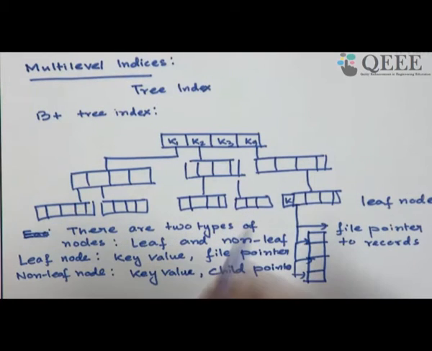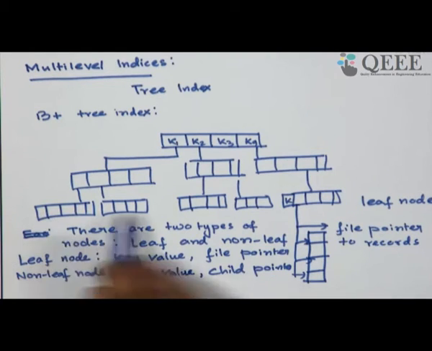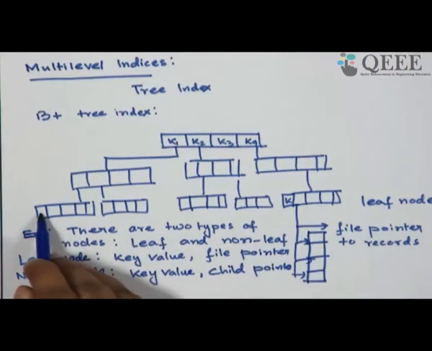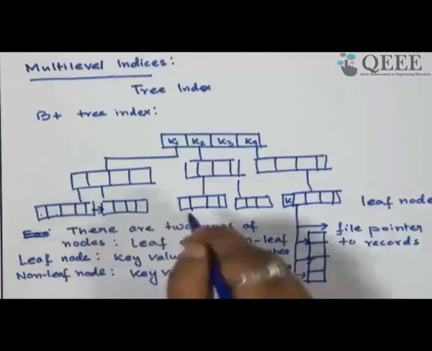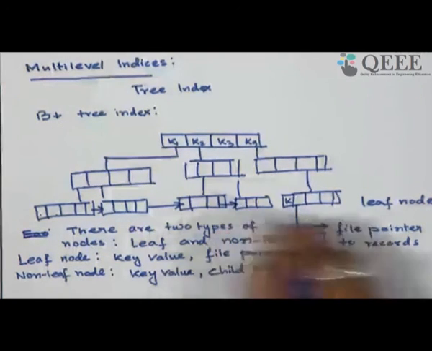You build a tree index on some attribute, say on the department of a student; I build a B plus tree index. The leaf node will contain some key values and file pointers together. These key values will be in sorted order, first, second, third, fourth, and there will be a pointer between them.